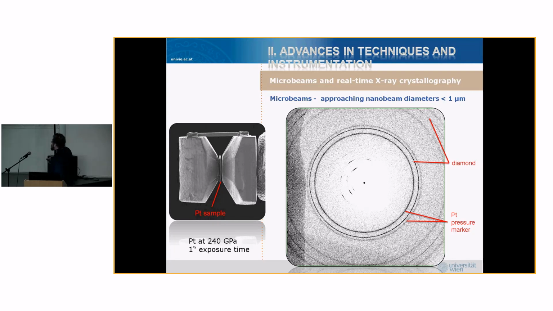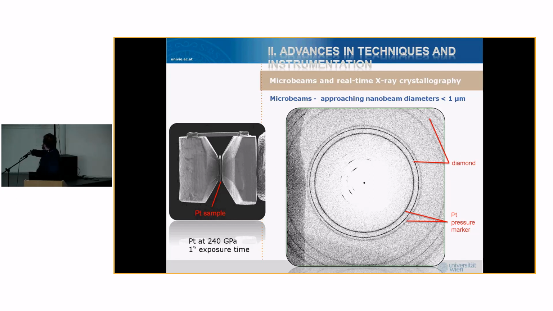What you see here is a 1 micron beam that was necessary, and at SPring-8 with this high brilliance, it's sufficient to make a 1 second exposure in a diamond anvil cell at 240 GPa. So it means a pretty small sample, very high pressure, and in comparison, a rather short exposure time.